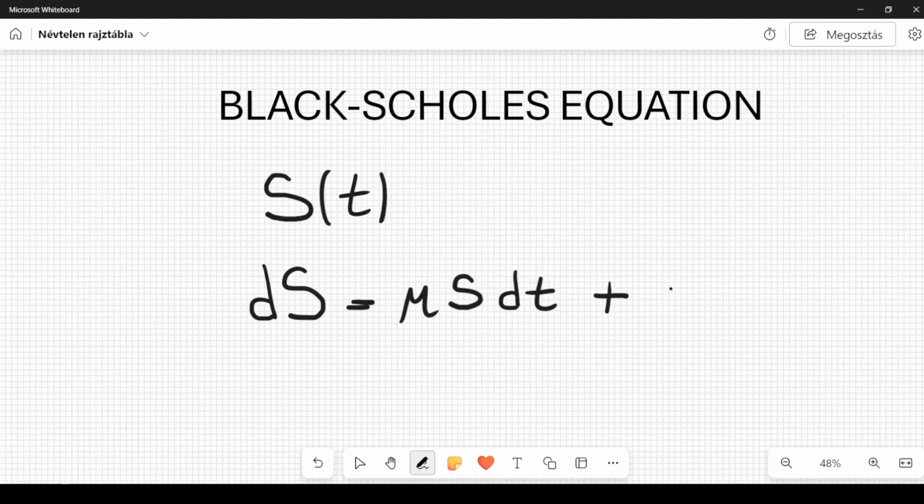And the random part is given by a parameter sigma, which has to do with a certain standard deviation of a distribution, but it can be thought of as the volatility associated with the stock price.